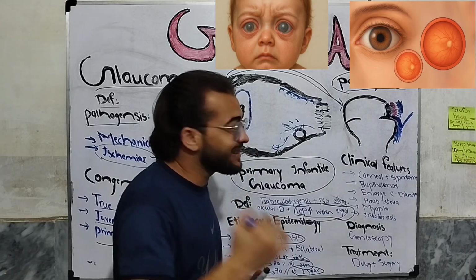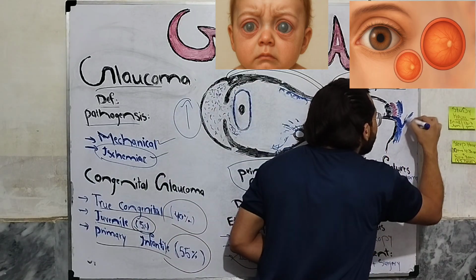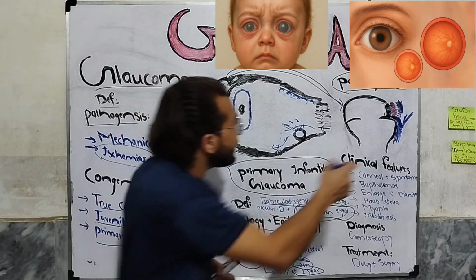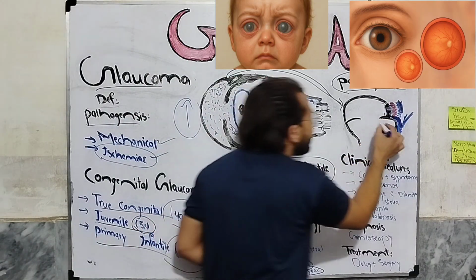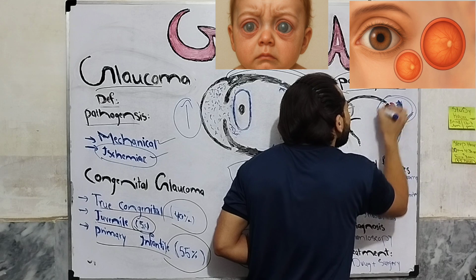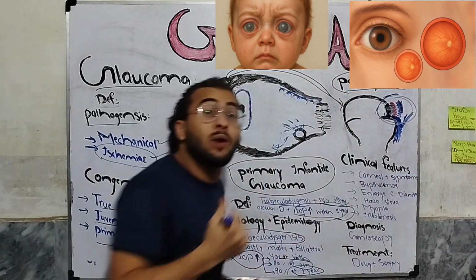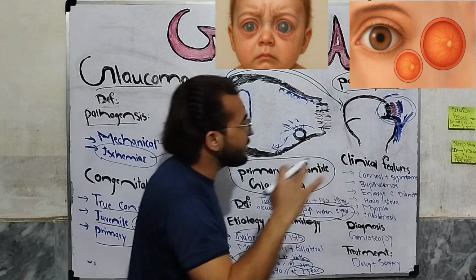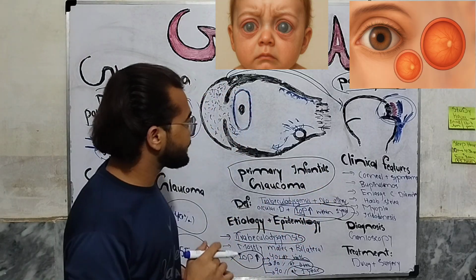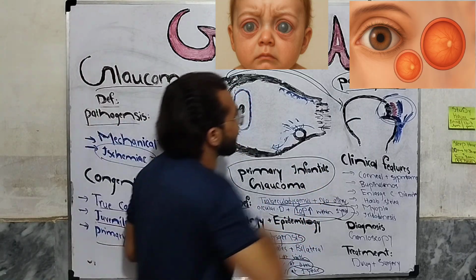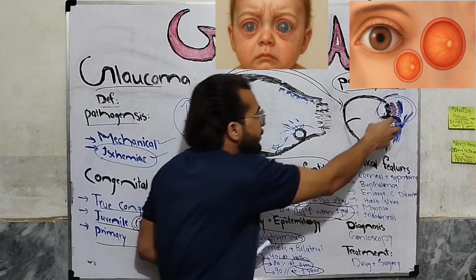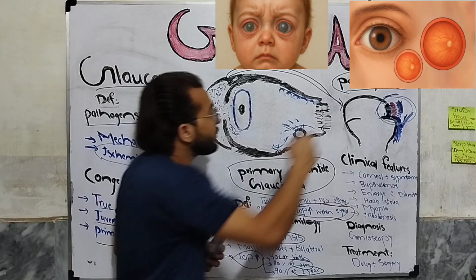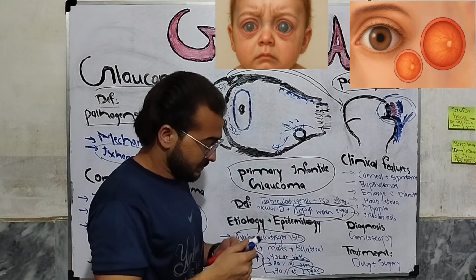And the last suggested there may be a developmental problem in the Schlemm canal itself. So these are the different theories suggesting this developmental abnormality. But what is the exact abnormality? It is now under research and debate. So this is the pathogenesis. But remember, the main problem is the developmental anomaly in the trabecular meshwork, which is present at the anterior chamber angle.